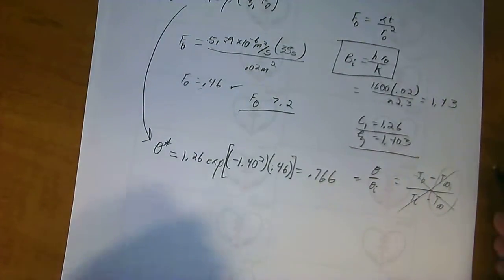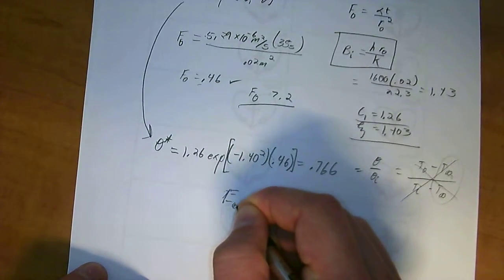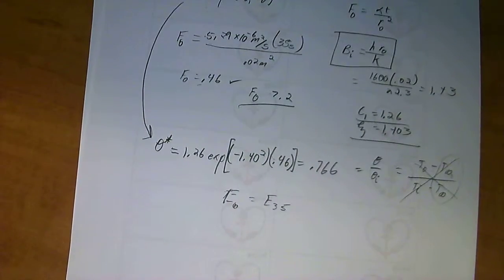This continuous relation is not valid. So what you have to do is do an energy balance. So E at infinity is equal to E at 35 seconds, something like that. You can set it up like that.